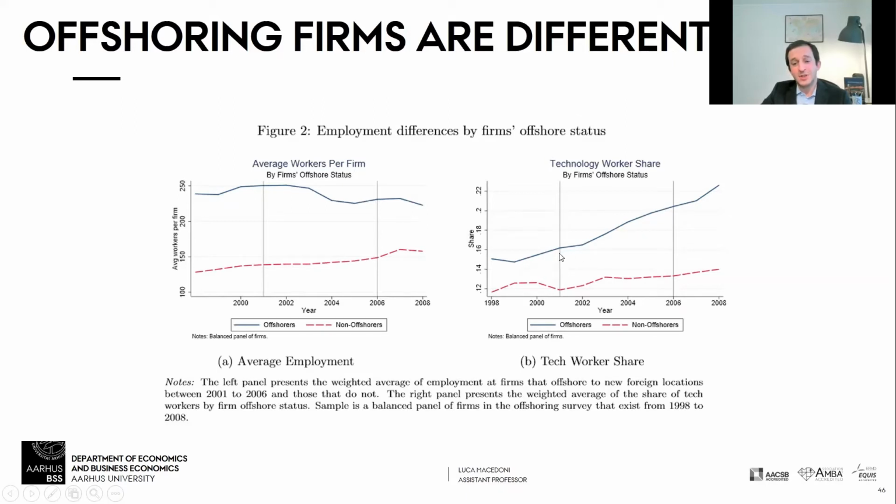And the share of technology workers actually increases way more in firms that offshore, in blue, while it remains almost constant for non-offshorers. So the firms that do offshore are bigger and more technologically intensive.